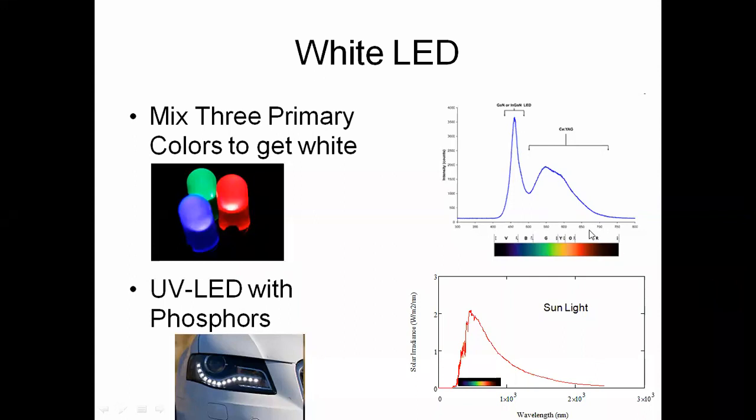If you see this graph on the right side, on the x-axis there is the wavelength, which varies from 300 to 350, 400, 450, 500, 550, 600, 650, 700, 750, 800.